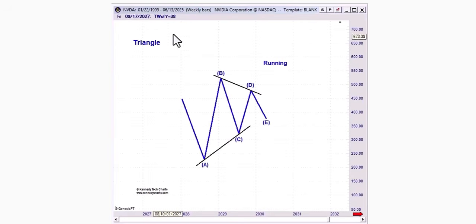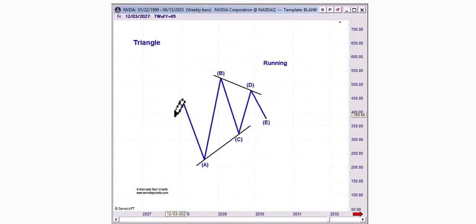Okay, let's move on and take a look at another variation. This is a common variation of a contracting triangle. It is referred to as a running triangle, and it's a running triangle because wave B terminates above the origin point of wave A. Now, if this occurs, one thing that is a must is that the termination point of wave E of a running triangle must be below the origin point of wave A. Keep that in mind.